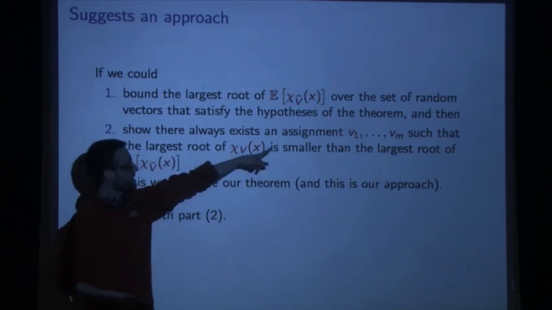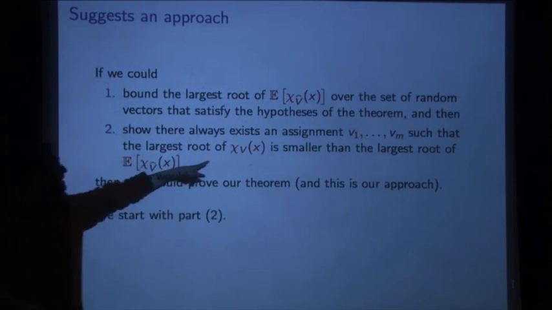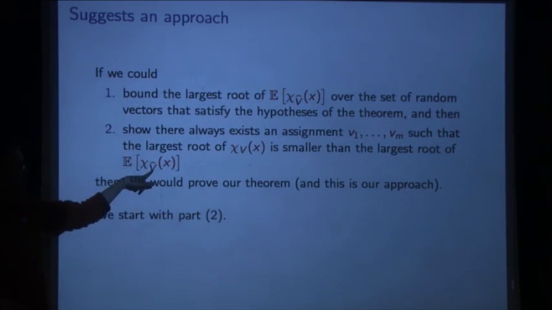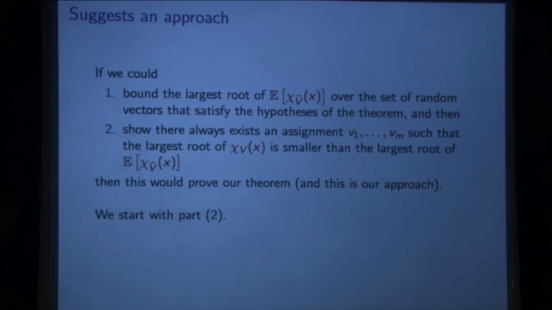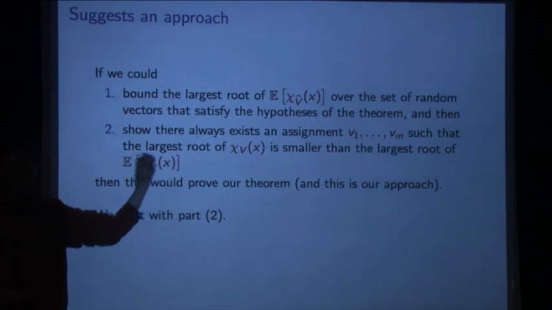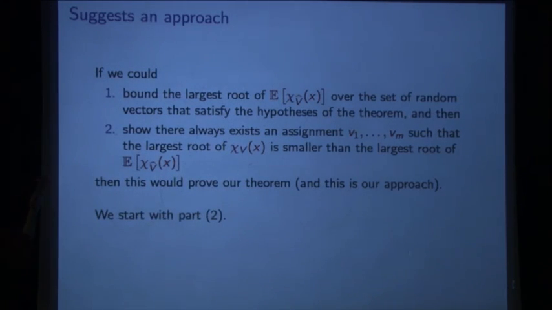So my claim that there always exists an assignment such that this thing is smaller or larger than this thing, first of all, assumes that there's some relation between the two of them, and that's also not true. So there should be nothing clear about anything that we've done so far, other than this approach matches essentially what our observations were. And so if we could magically do these things, then that would solve the problem. And that's what we're going to do.